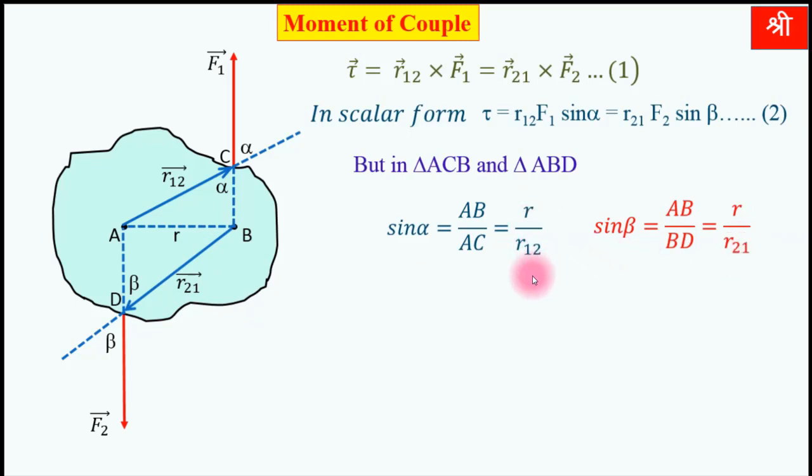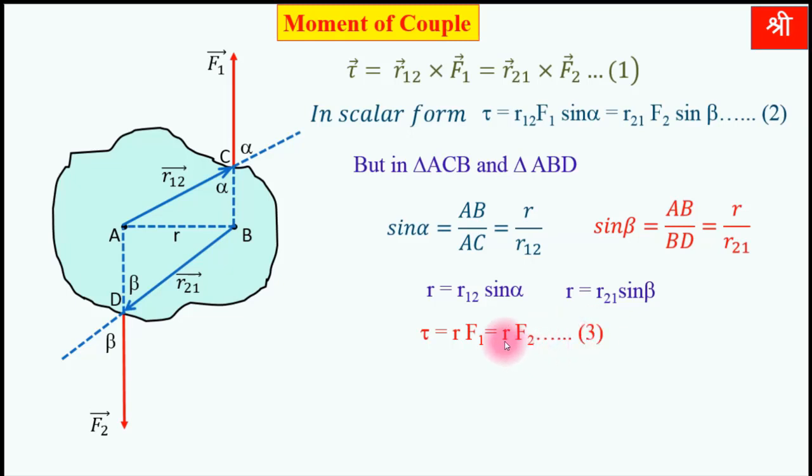From this we get R equal to R12 sin alpha, and here also R equal to R21 sin beta. So here in this equation R12 sin alpha will be R, and here R21 sin beta will also be equal to R. Therefore equation 2 can be written as tau equal to R into F1 equal to R into F2, equation number 3.